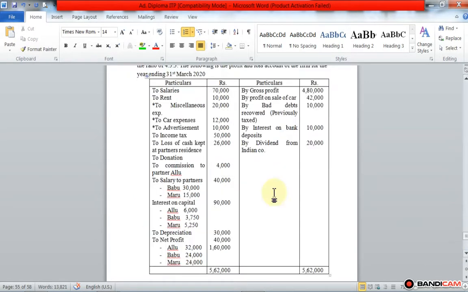So find the depreciation in the profit and loss account and see whether the depreciation charged is more than 30,000 or less than 30,000.